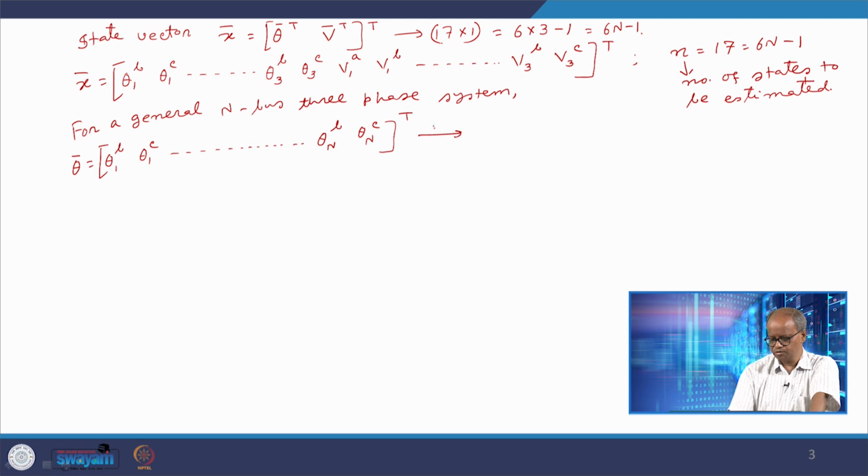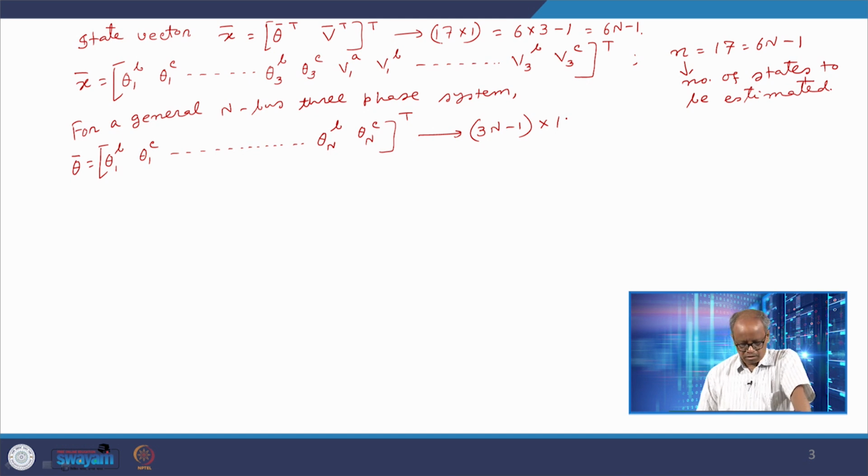So how many of them would be there? 3n minus 1 cross 1. There are altogether 3n, but since theta 1A is the reference, it is one less. So it is 3n minus 1 cross 1 because this is a column vector.